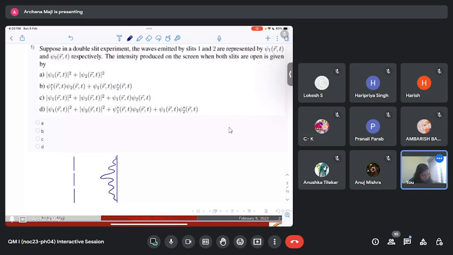And the intensity is basically the mod square of the sum of the probability amplitudes. So that gives option D basically.